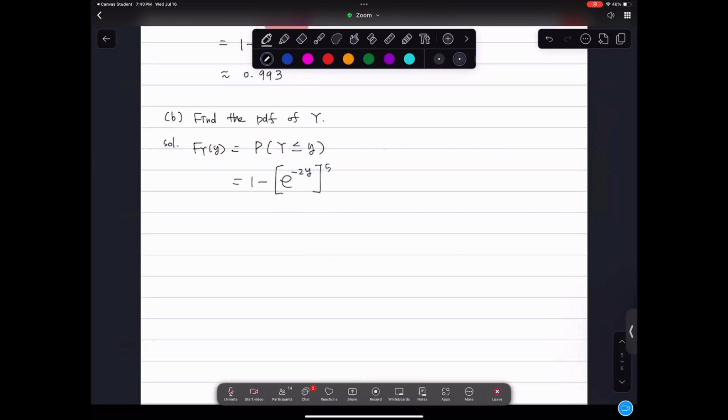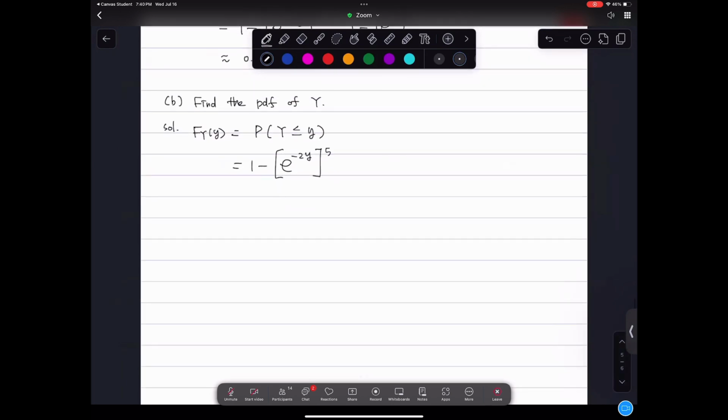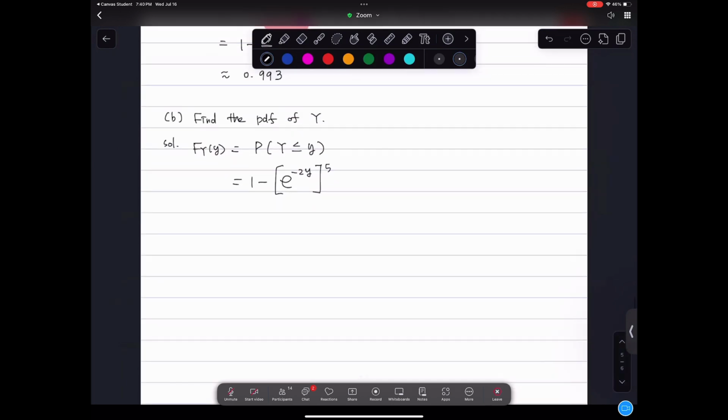So this is it. So therefore, I should be getting my PDF. The derivative of this. So this is in fact 1 minus negative 10y.